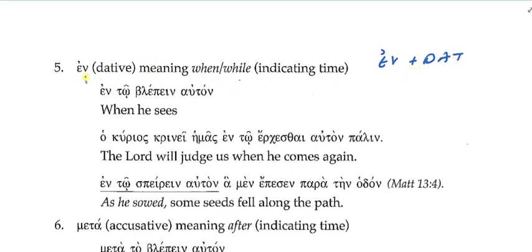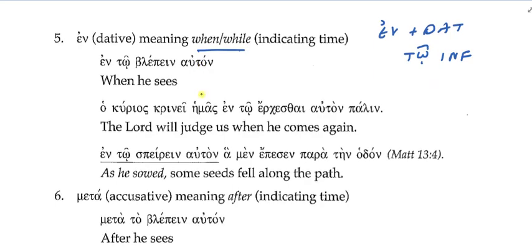So, when we have an infinitive, it'll be en to infinitive. En to blepein. This is going to be translated as when or while. So, when seeing, or when autou, accusative subject, when he sees.